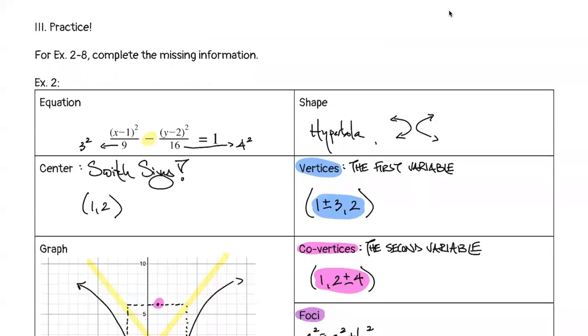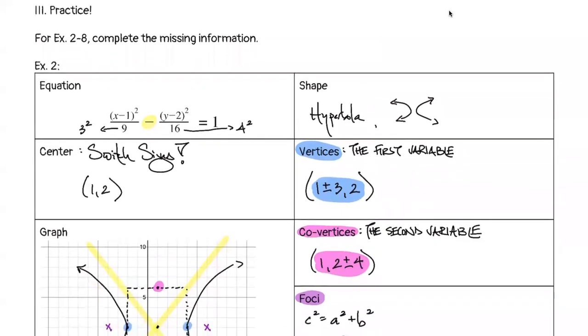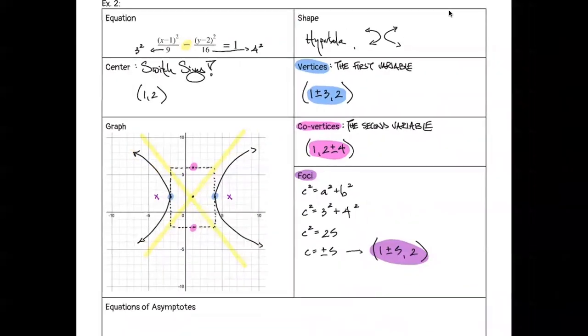Okay. I have a question. For sure. What's up? Why are the foci like on the shorter side, I would say? Yeah, that's a great question. So the foci have to be determined by where the branches are.